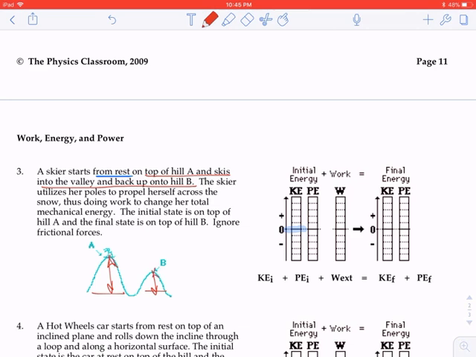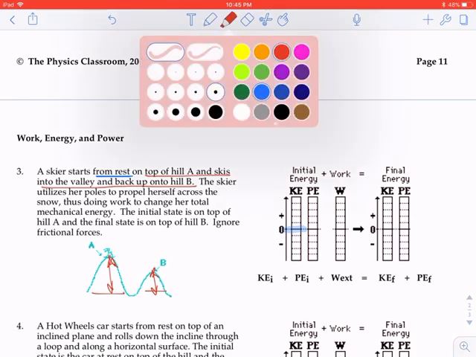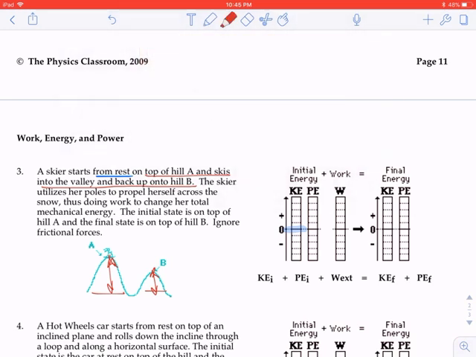So let's go ahead and give the skier a lot of potential energy at hill A, in the initial condition. And then let's give the skier a little bit less potential energy after that, because at hill B, the skier will be less high.